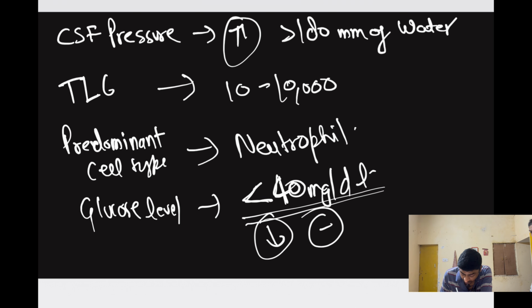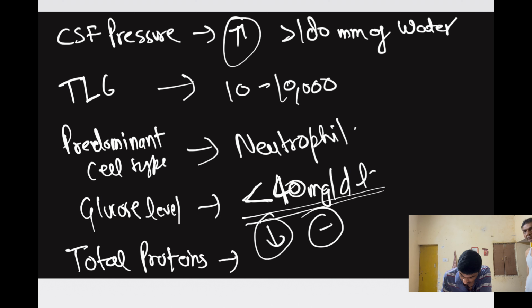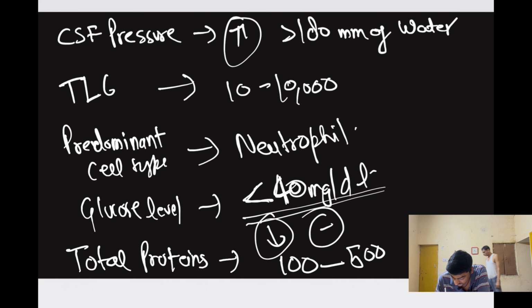Now the total protein, the level of protein in acute bacterial meningitis is between 100 to 500 milligram per deciliter.